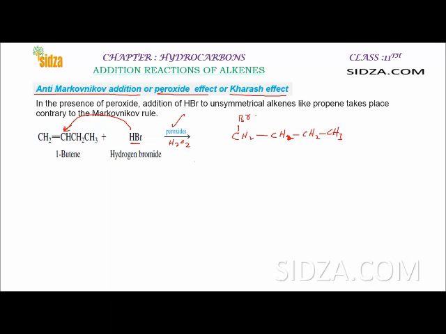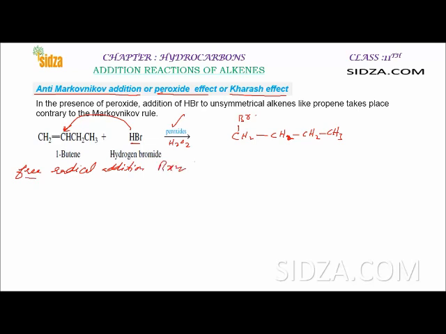Now let's see why. What is the reason for this exceptional behavior? Because in the presence of peroxides, the addition of HBr to the alkene is not an electrophilic addition reaction, rather it's a free radical addition reaction.